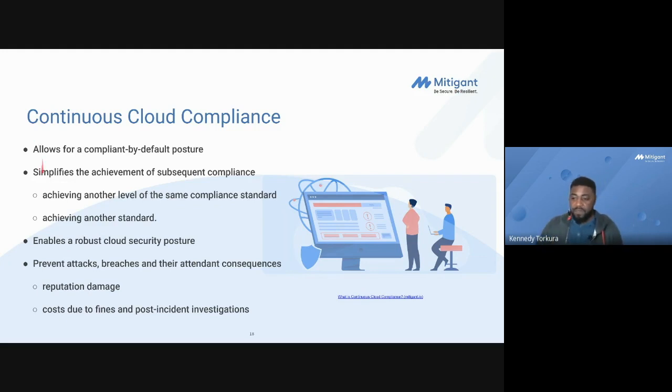Then, of course, this is a direct benefit of the previous points. So you want to prevent attacks. You want to prevent data breaches. You don't want to be in the news. You don't want your reputation to get damaged because of a successful attack. And of course, there are fines that occur each time companies go through this kind of attack.